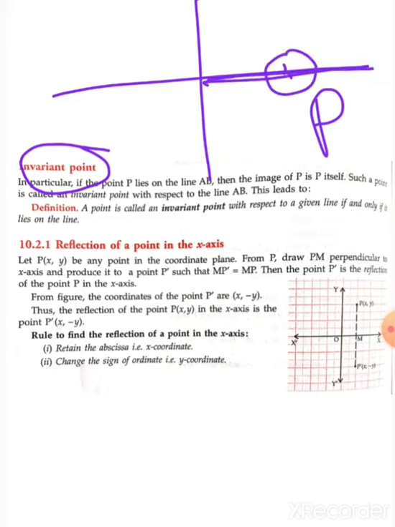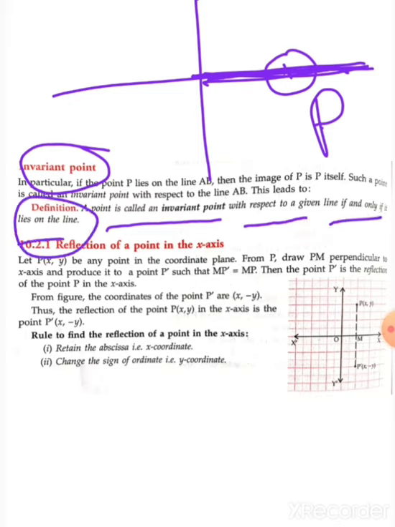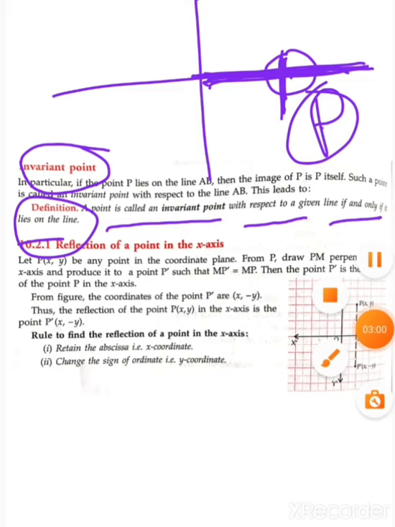So a point is called an invariant point with respect to a given line if and only if it lies on the line. When a point is present on a line, and we are asked to find the reflected image of P, then this one only will be the result. The image of P is this P only. So this kind of point is called an invariant point.